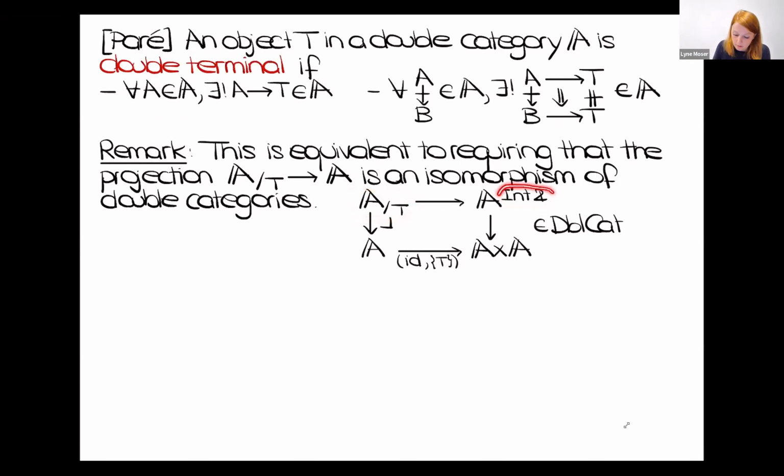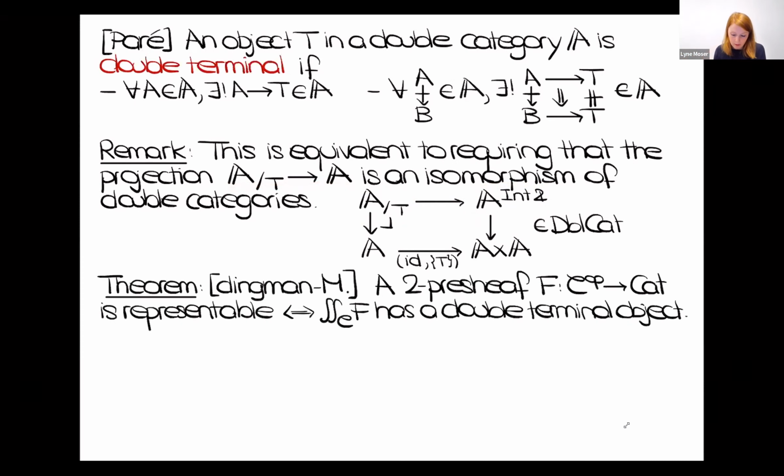And so here, this is the double category containing the horizontal morphisms. And so double categories are Cartesian closed, and so I have a full double category of double functors from the horizontal morphism to A. And so we can see that an object T is double terminal if and only if this projection is an isomorphism of double categories.